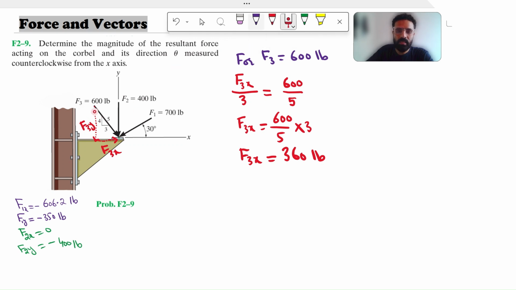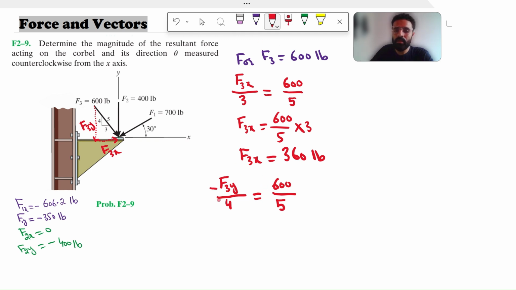And now for the y component, I will be applying in the same way similar triangle technique, but in this case, I will be taking the perpendicular of large triangle to the perpendicular of small triangle. Like perpendicular of large triangle is F3y divided by perpendicular of small triangle, which is 4, equal to hypotenuse of large triangle, which is 600, divided by the hypotenuse of small triangle, which is 5. Now, what will be the direction? Since we already discussed that it's acting downward, all downward forces we are taking as negative, so the sign will be negative.